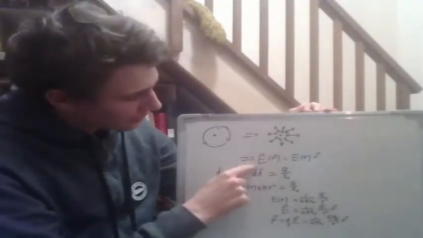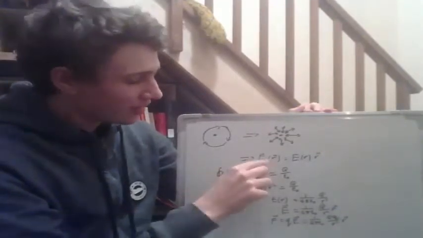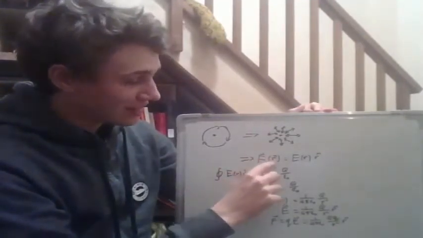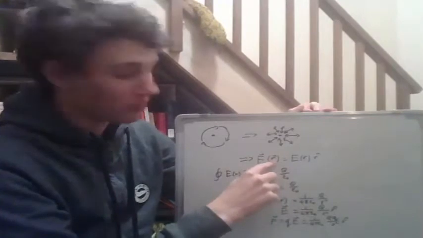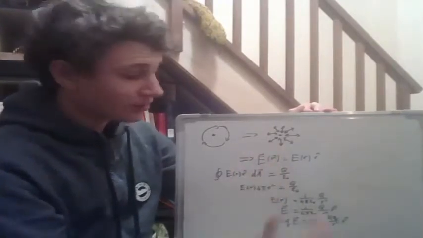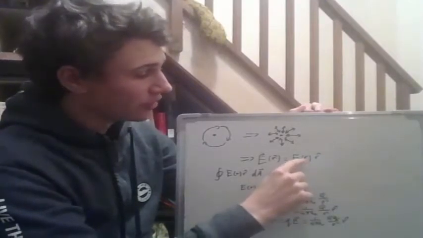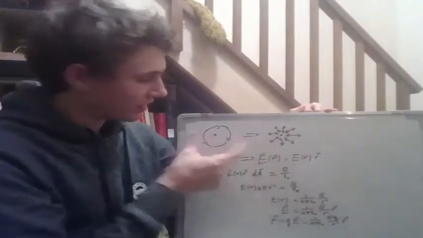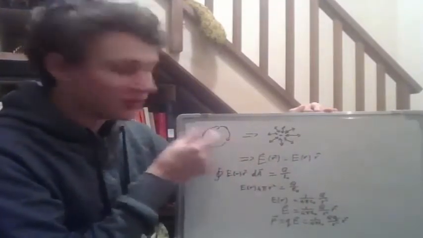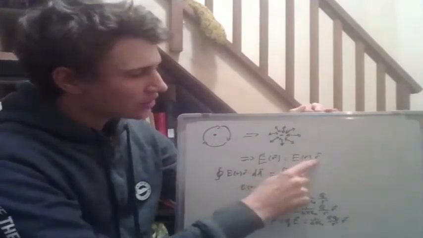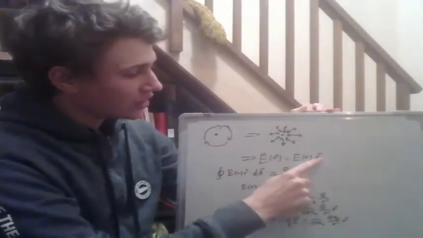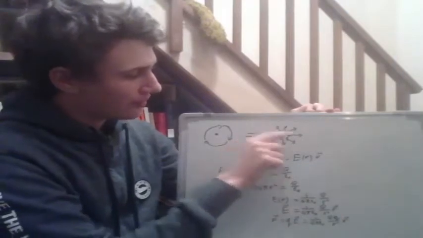So therefore we can write the vector of the electric field at any point, which is just our position vector, as some scalar function that's only dependent on the magnitude of your position. So that's only how far you are from the center of this charge, and it's always going to be in the direction of the radius vector.